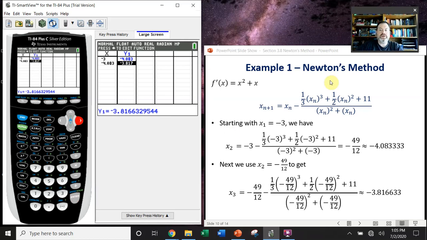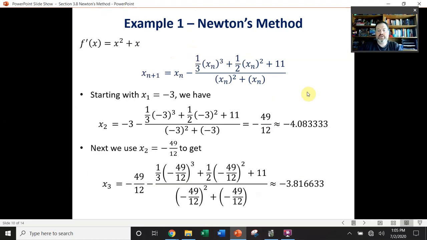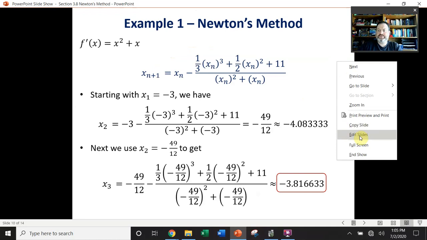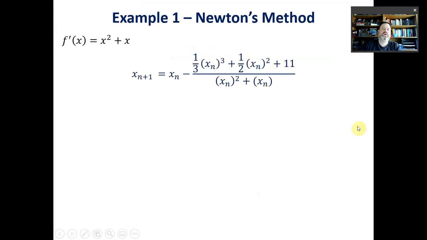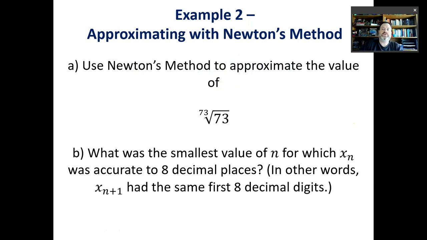This is not hard to compute. This is the original function. This is the derivative. So you're taking one derivative, putting everything in your calculator. That's it. And that's the answer. So that's example 1. Let's move on to example 2.